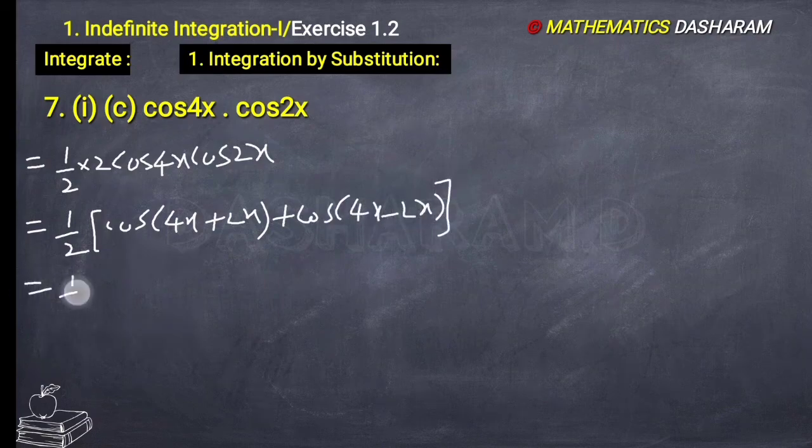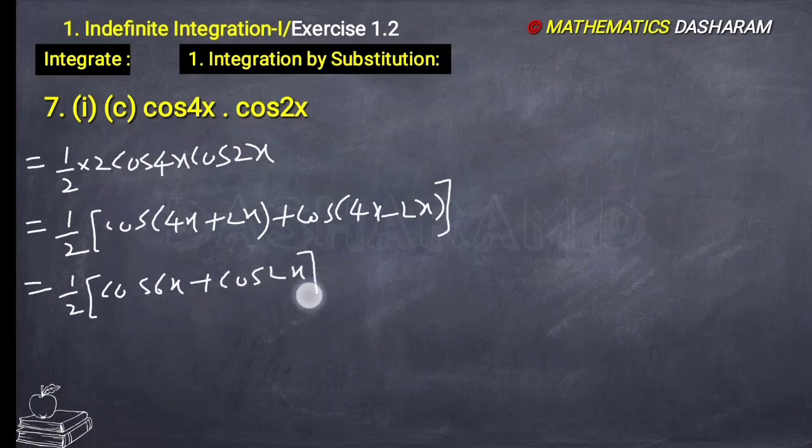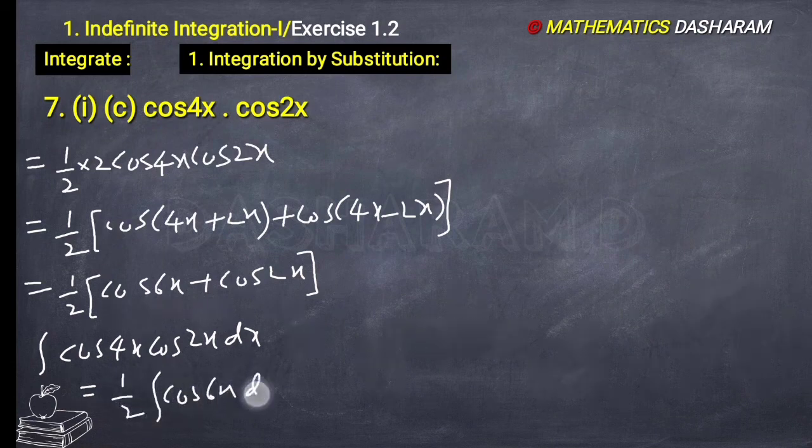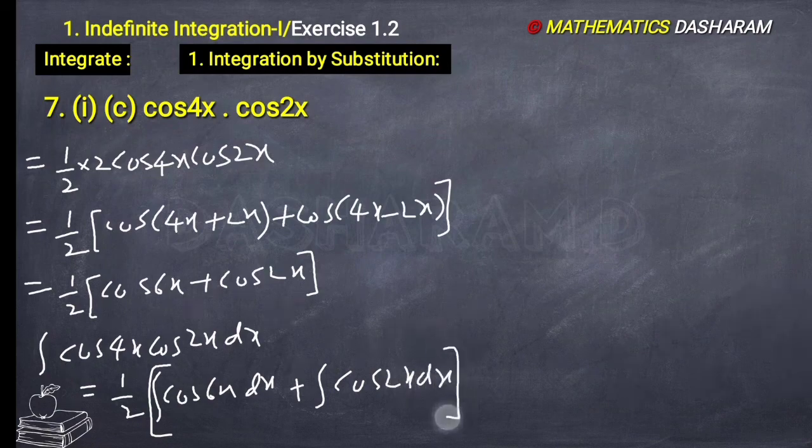So it is equals to 1 by 2 bracket of cos(4x plus 2x), 6x, cos(4x minus 2x), 2x. Now integration of cos 4x into cos 2x dx equals to 1 by 2 integration of cos 6x dx plus integration cos 2x dx.